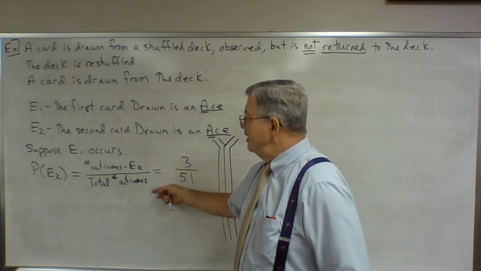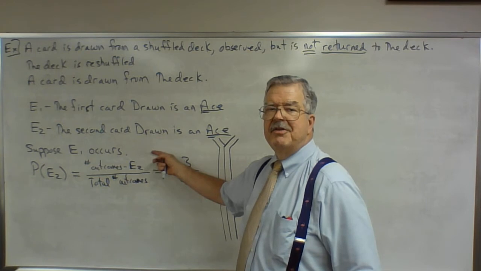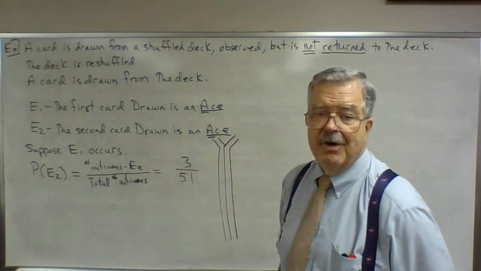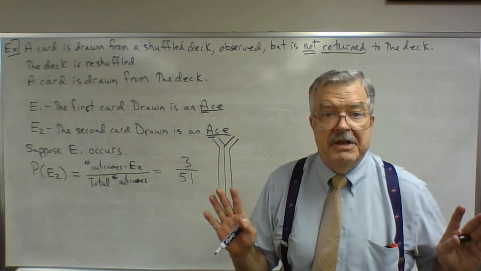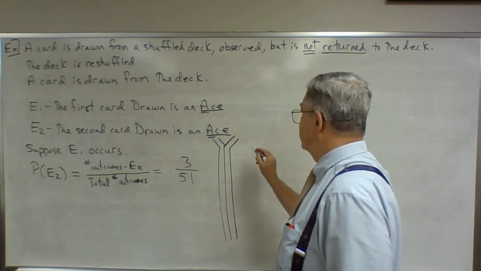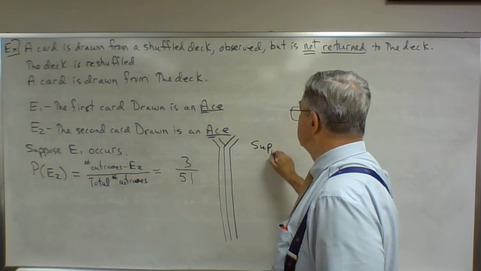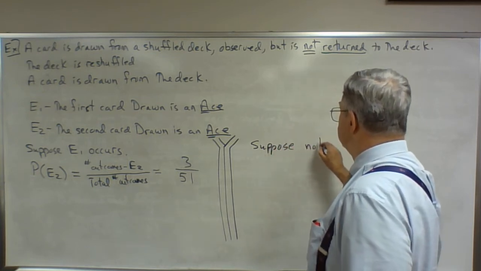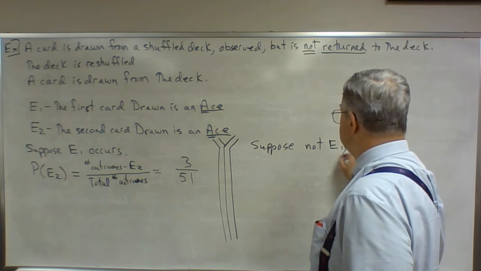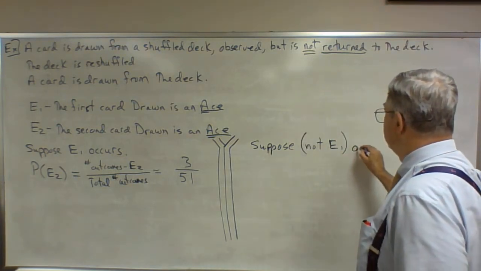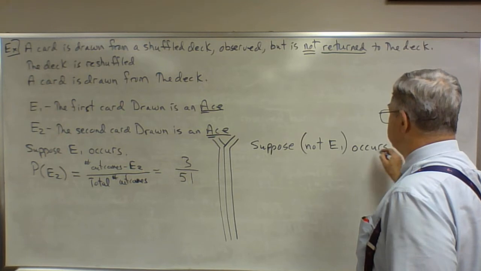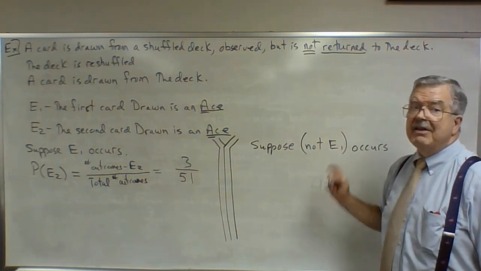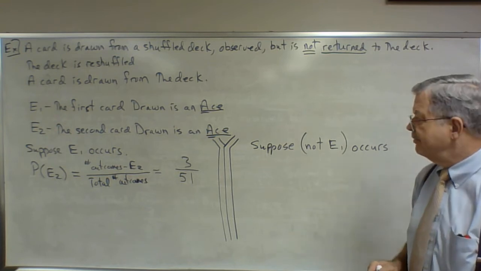Now we did all this under the supposition that E1 occurred. We supposed that we got an ace on the first draw, but suppose that we didn't. Suppose not E1 occurs, or that E1 does not occur. In other words, we don't get an ace on the first draw.